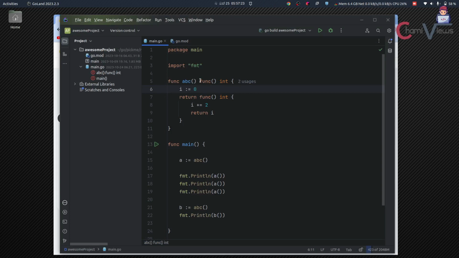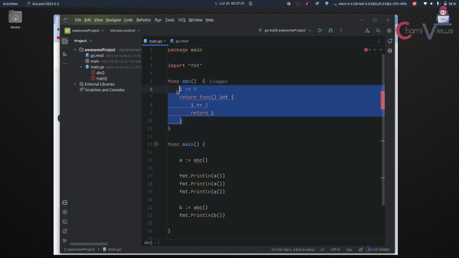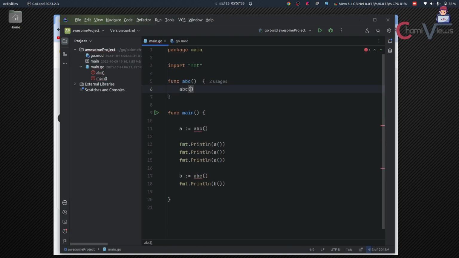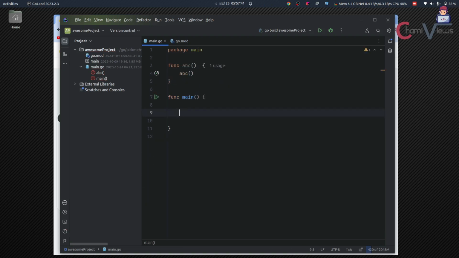Here there is a function called ABC, and inside the function I am calling the same function. This is the simple demo for recursion. Hope you got that. Recursion means calling a function inside that function.